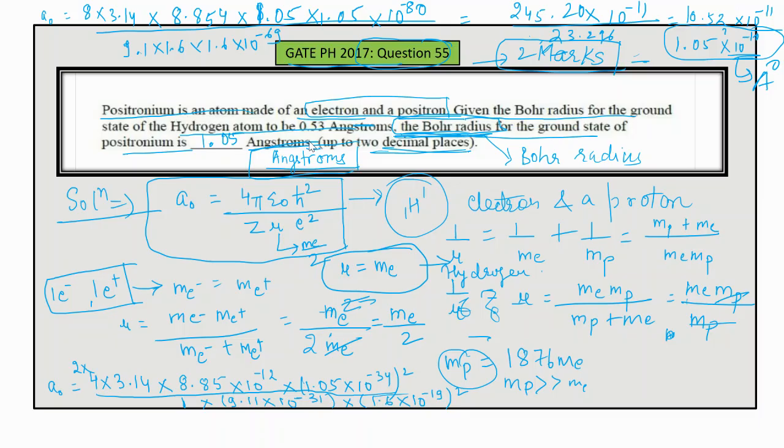And it is clearly given that electron and positron both have equal mass. It's not a proton, because in the case of a proton, the proton has higher mass than the electron. That is why in this case, mu is equal to me by 2, not like the hydrogen case, where mu is equal to me. So this is this question. This came in the GATE 2017 examination.